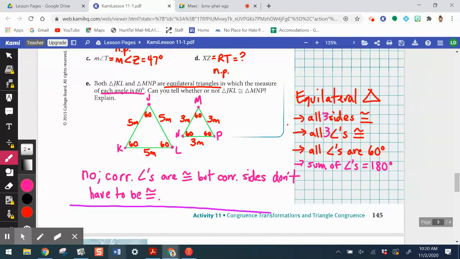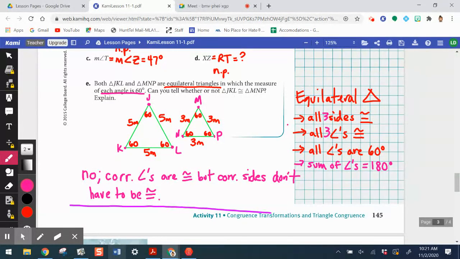So I said no: corresponding angles are congruent, yes, but corresponding sides don't have to be congruent. In fact, triangle JKL can still have all three angles 60 degrees, but its side measures can be 5 meters. Or MNP, all of its angles can be 60 degrees, but its side lengths can be 3 meters.